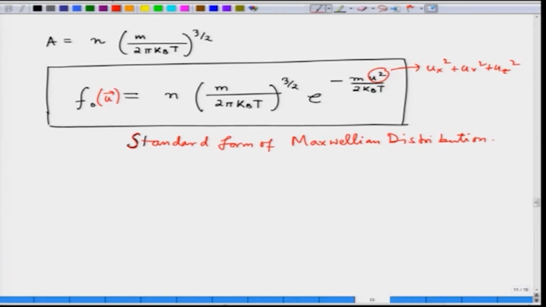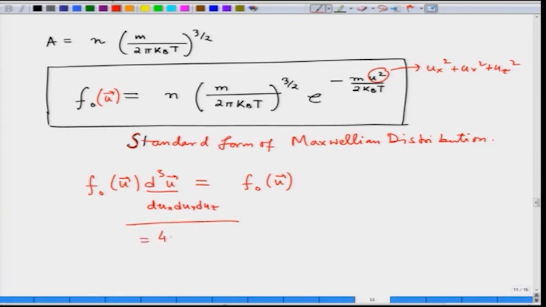Then f0 of u d cube u will be equal to f0 of u, and this d cube u, which is in general dux, duy, duz, will simply be equal to 4 pi u square du.